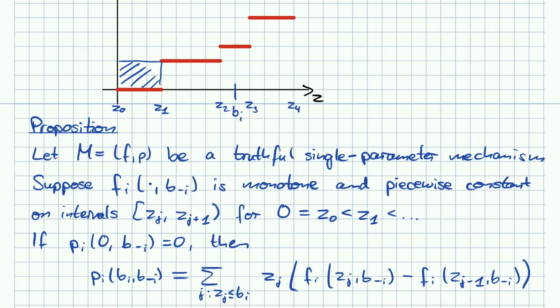And then what we're doing next is we're also taking this for z2, so we'll have this area also being added up. So this formula down here, this corresponds to the area above the curve of the allocation function. Good. Let's now prove this.